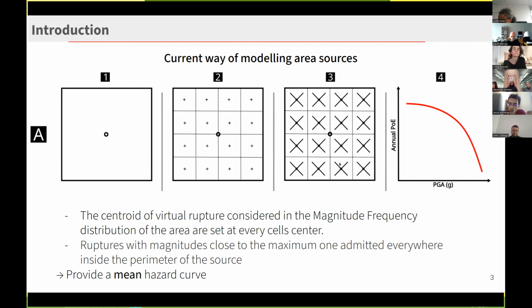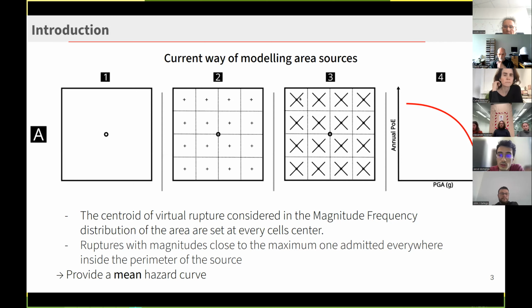Which means that if we take, I don't know, a magnitude of about 7.5, it will set all the ruptures of 7.5 at every position of the center of the cell. It will do that for this orientation, and it will do that also for this orientation.